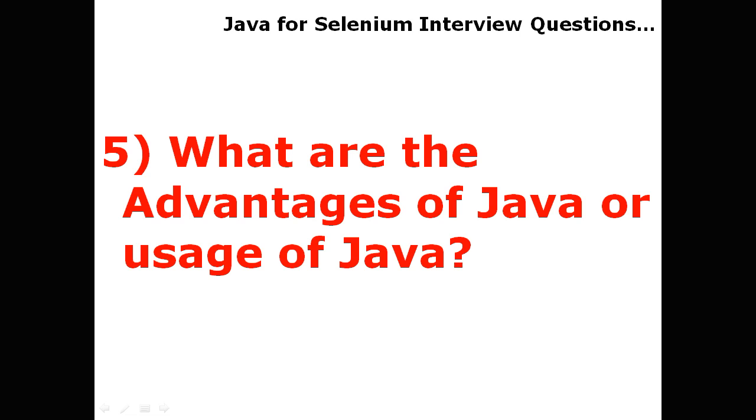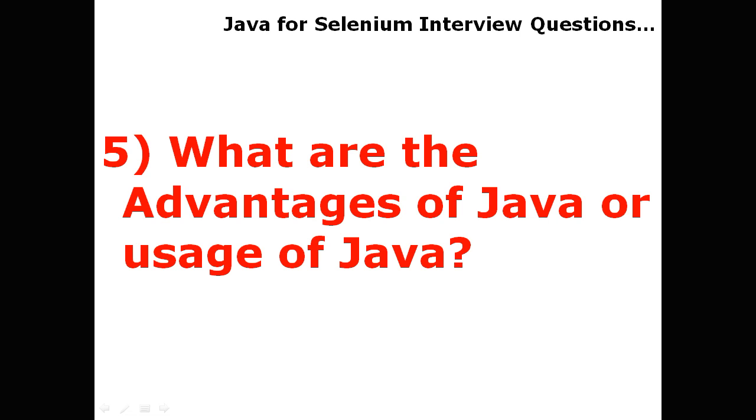Next, it is used to develop embedded systems. Next, Java is used to develop smart cards, scientific applications. Next, one more important area, Java is used to develop games software, etc.